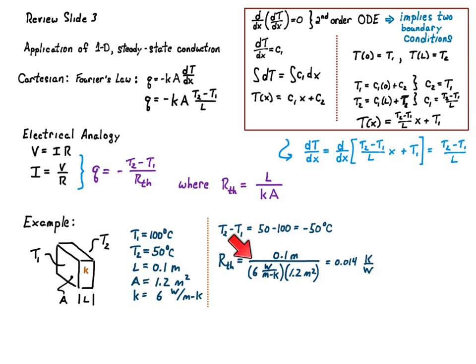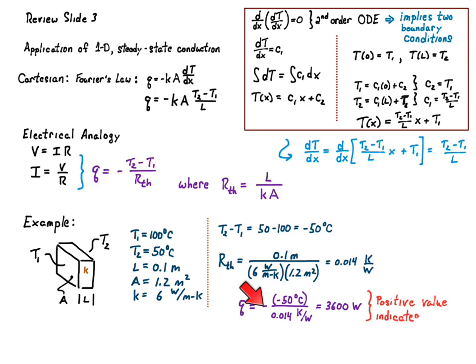Now I can take these two numerical values and put them back into the form of Fourier's law that we're working with. Maintaining the negative signs where they're supposed to be, we end up with a positive value for Q of 3600 watts. And again, the positive value indicates the flow of heat is from T1 toward T2.